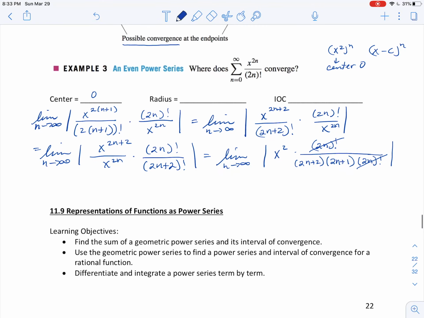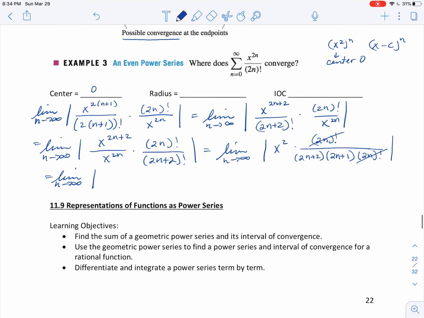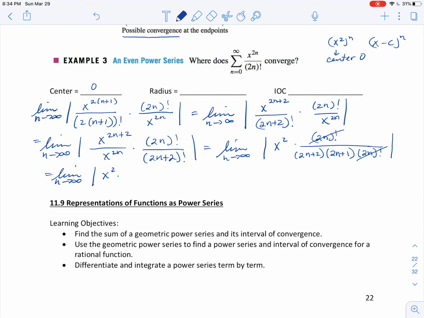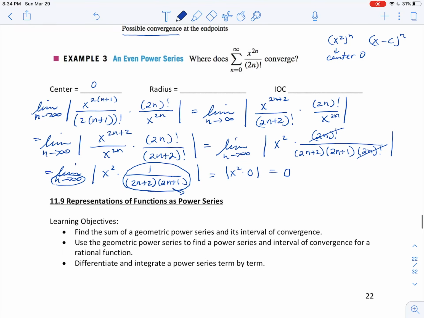All right, so this 2n factorial cancels with that 2n factorial. Interesting. So we've got the absolute value of x squared times 1 over 2n plus 2 times 2n plus 1. And as n goes to infinity, this is approaching 0. And so we get x squared times 0, which is 0.